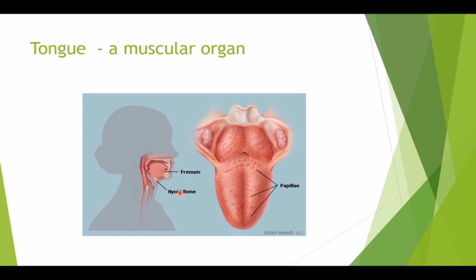Now, the tongue is a unique organ located in the oral cavity that not only facilitates perception of gustatory stimuli, gustation is taste, but also plays an important role in mastication and deglutition. Additionally, the tongue is an integral part of the speech pathway as it helps with articulation.